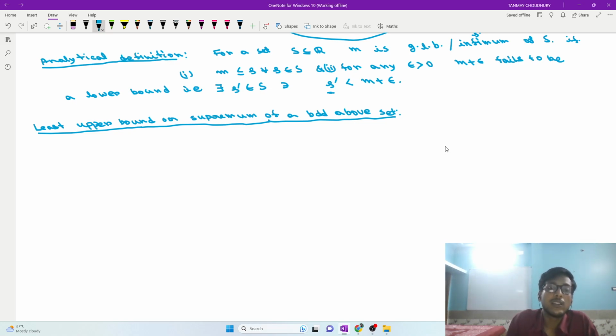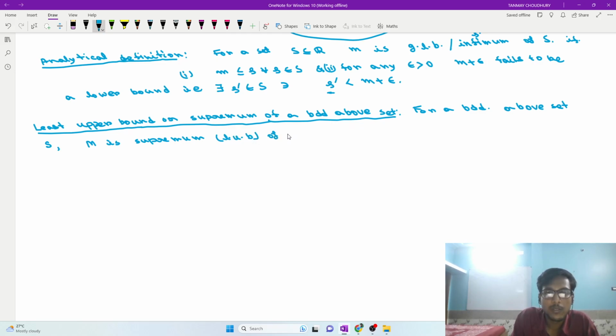So we are directly going into the analytical definition. So for a bounded above set S, M is supremum or least upper bound, same thing, of S. Of course, S is a subset of R, if first condition is what?